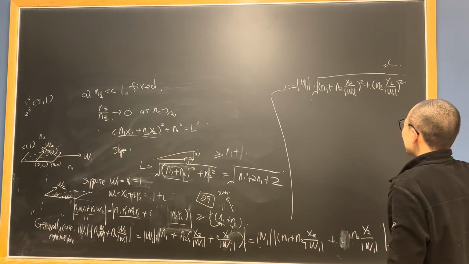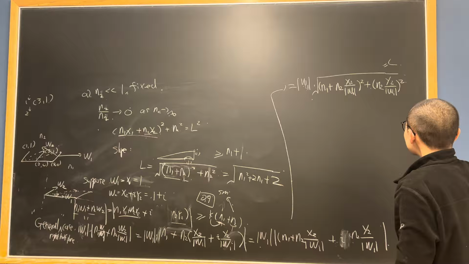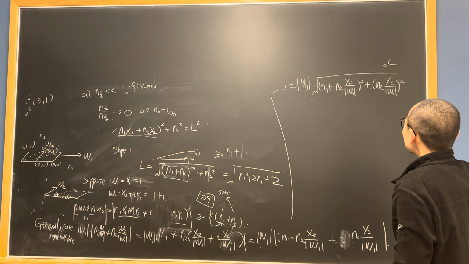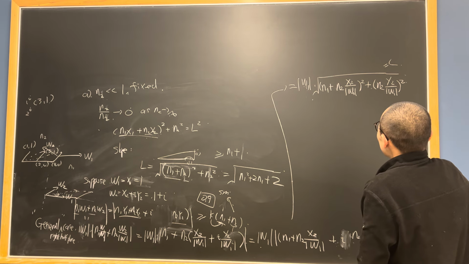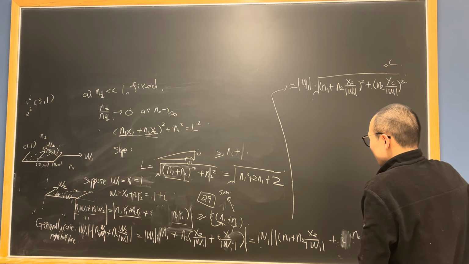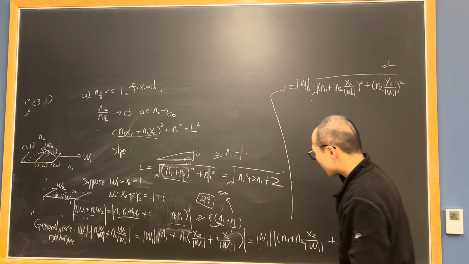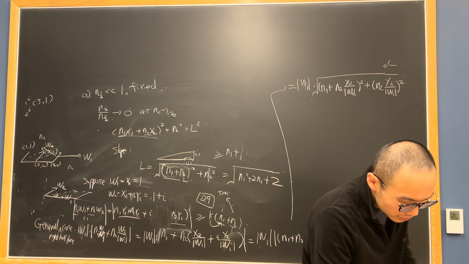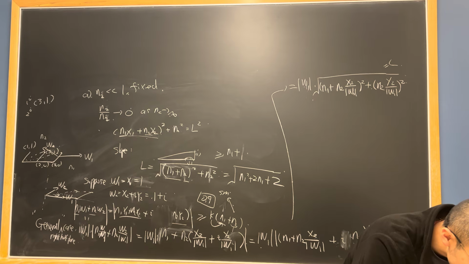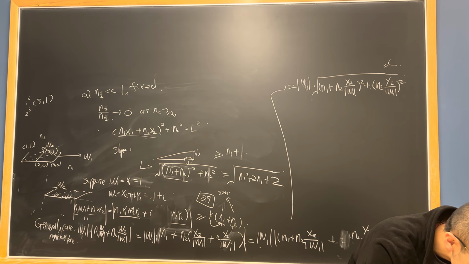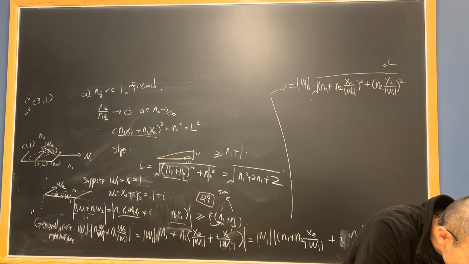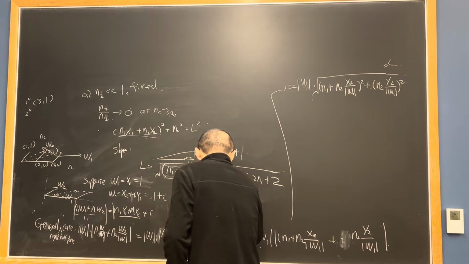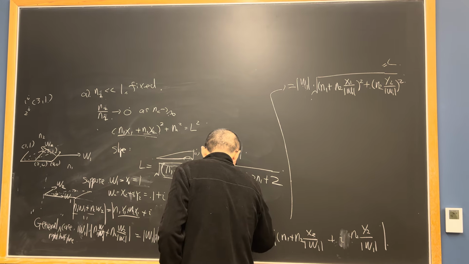Okay. So these N1, N2, are they real numbers, or should they be positive numbers, or just any real number? Okay. So I think I made another mistake here. This N1, N2 should be in terms of the absolute value.